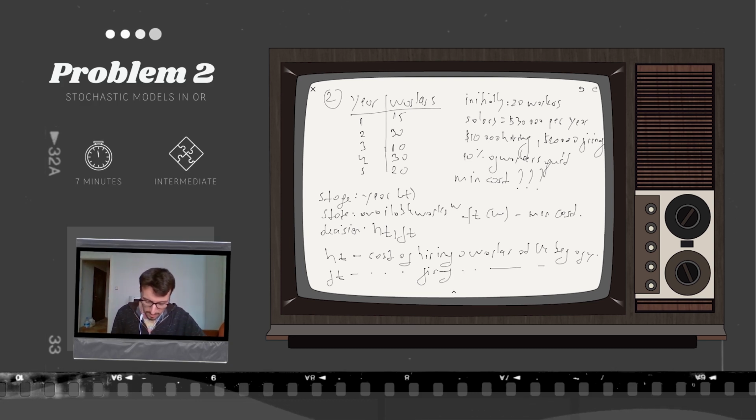And last, we have W, the worker requirement at the beginning of the year, so on and so forth. Now we need to define our function in which we will be able to solve this problem in a nice way.